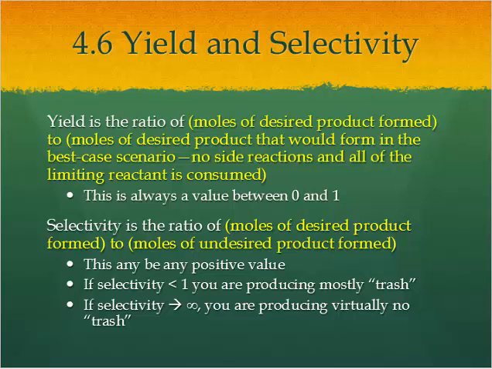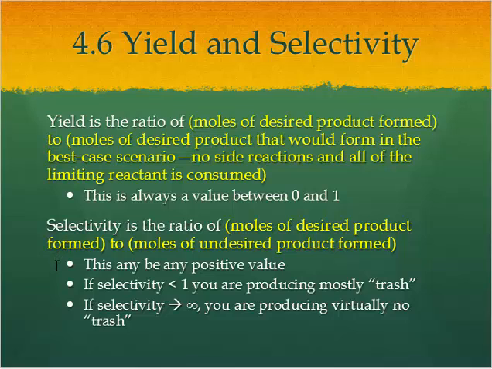Selectivity is going to tell us how much of our product that we wanted was made compared to how much of junk was made, the undesired products. So in this case, methane, propane, etc., or I guess propylene. So this could take on any value.